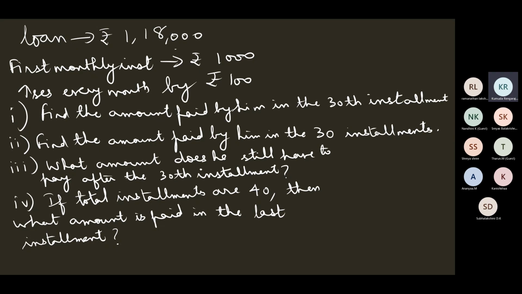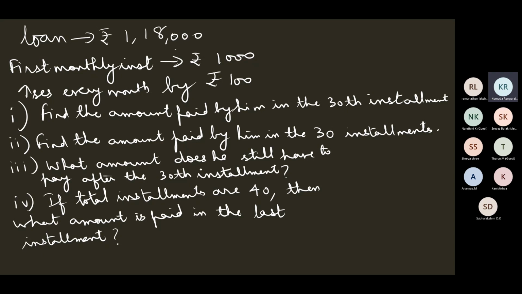The first one is the 30th installment, that particular installment. The second one is S30. And how much is that? 73,500. Correct.